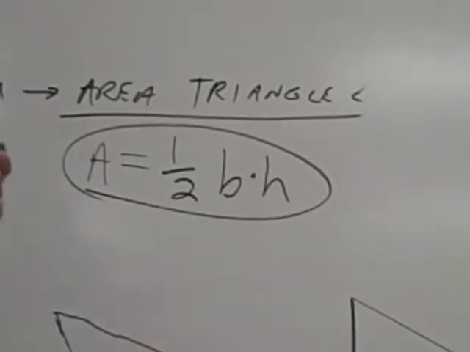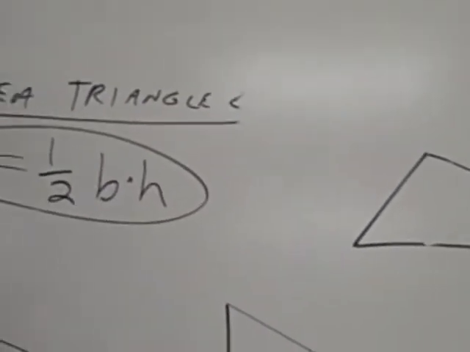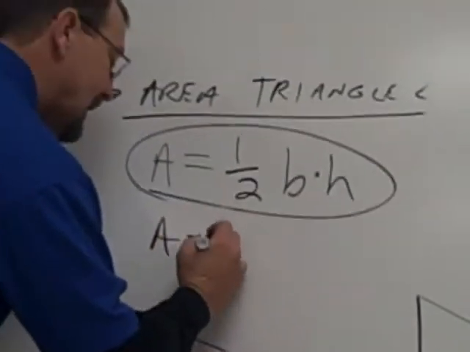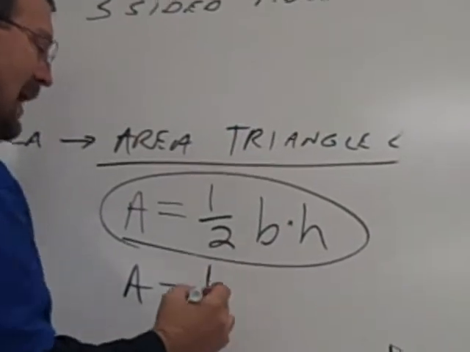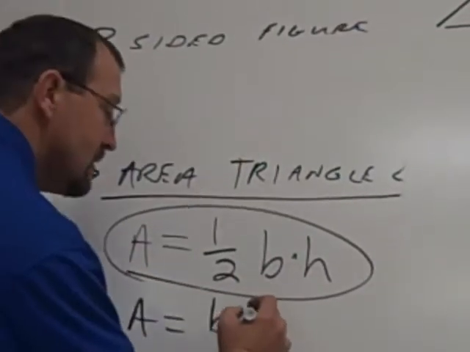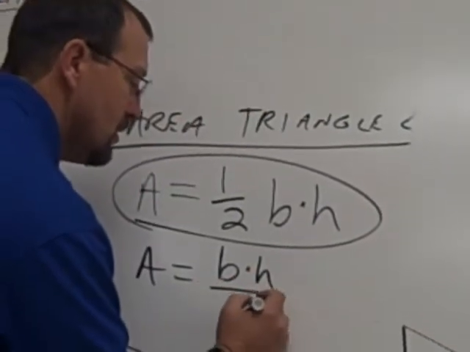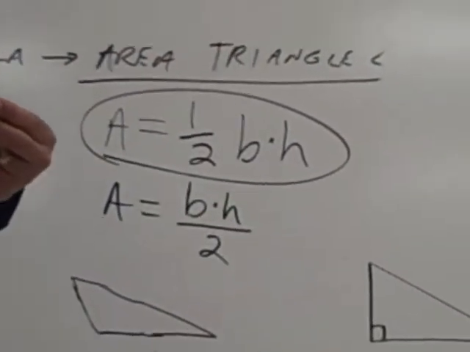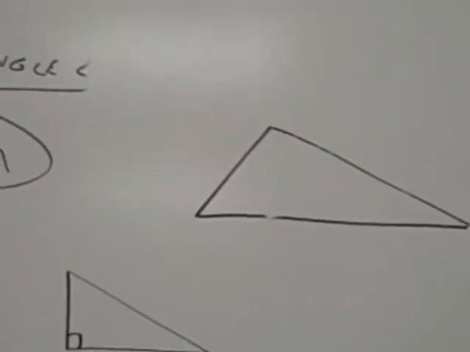Or A equals BH. Y'all say BH. What is that? Base times height. Base times height, over 2. What's over 2 mean? Divided by 2. Ah, fractions are like dividing problems, remember?